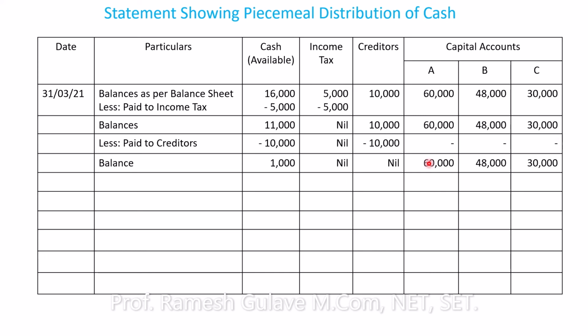But here the question arises that this 1,000 rupees which is available with us as cash balance, to whom is this amount to be paid first, right? And for that, to distribute the available cash amongst the partners, we have two methods.